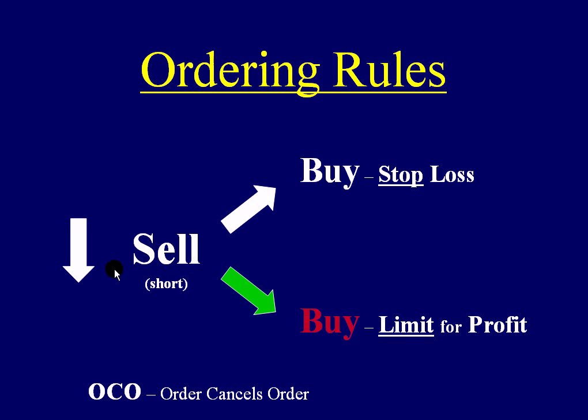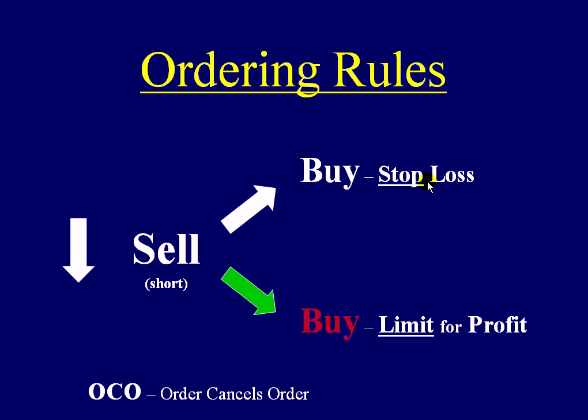Likewise, if you have a sell order or a short position in the market, you should have an OCO, order cancels order, with 2 working orders. One a buy stop loss, which means if price moves against you, then it buys back at a specific level to protect you.